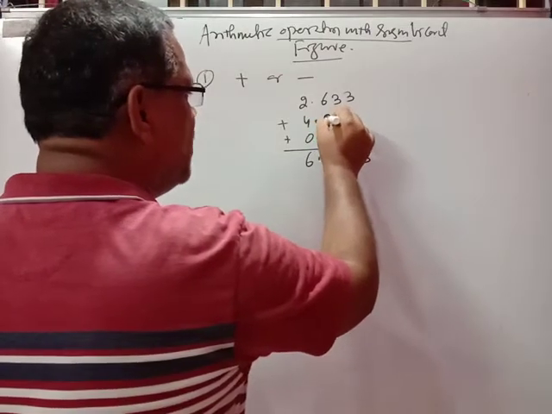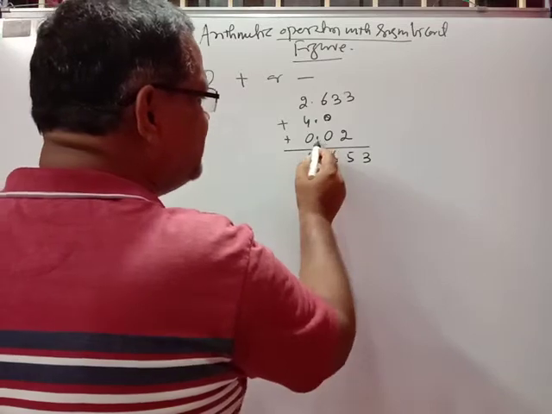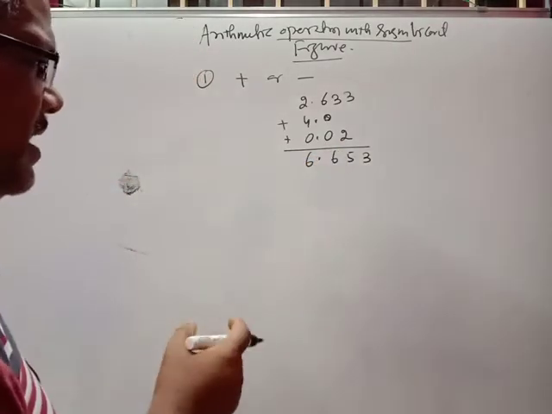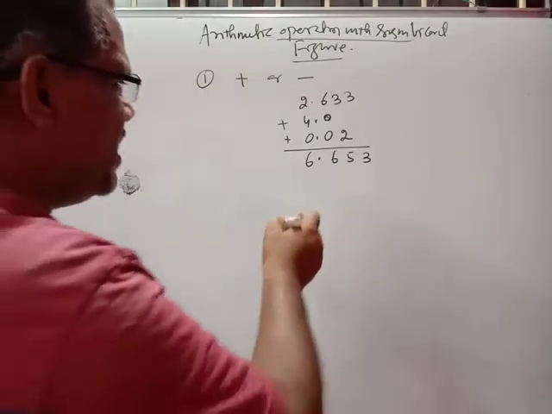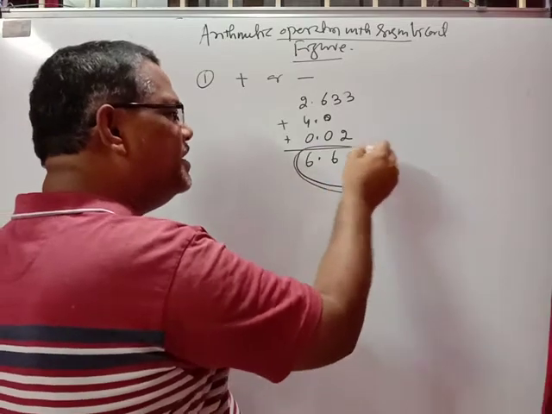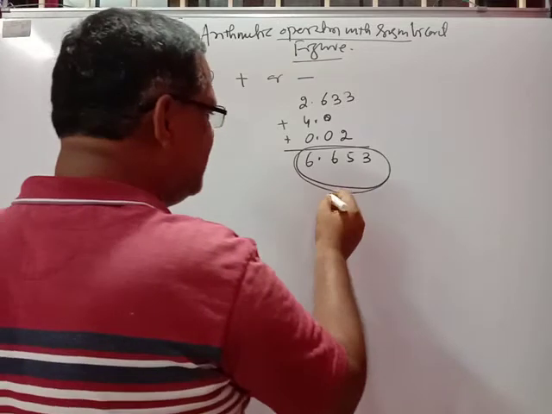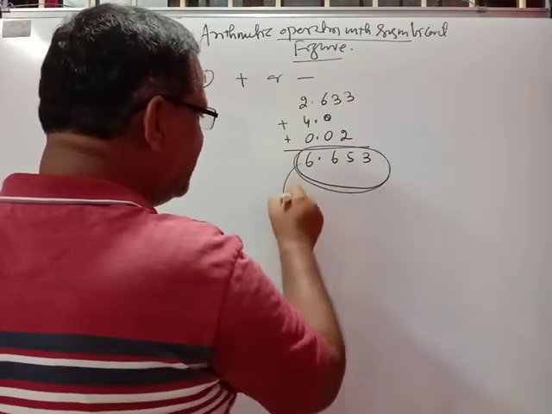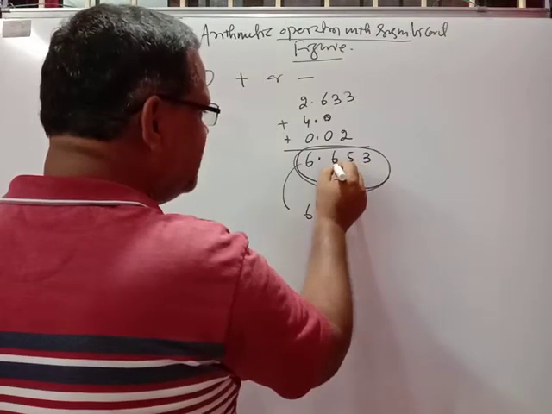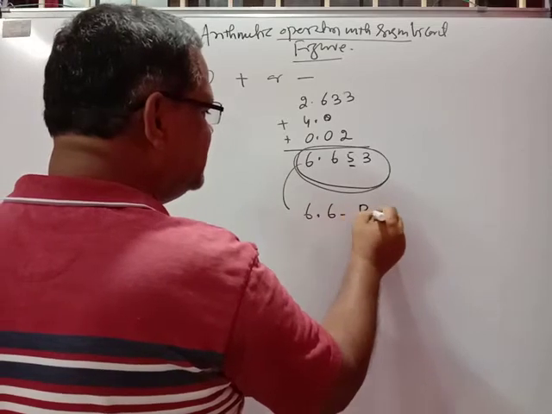Here in this case, it is 1 only: 4.0 has 1 digit after the decimal point, 2.63 has 2, and 0.02 has 2. So we have to round off the result and keep 1 digit after the decimal point. Rounding off, the answer is 6.6, because the 6 before the 5 is even.